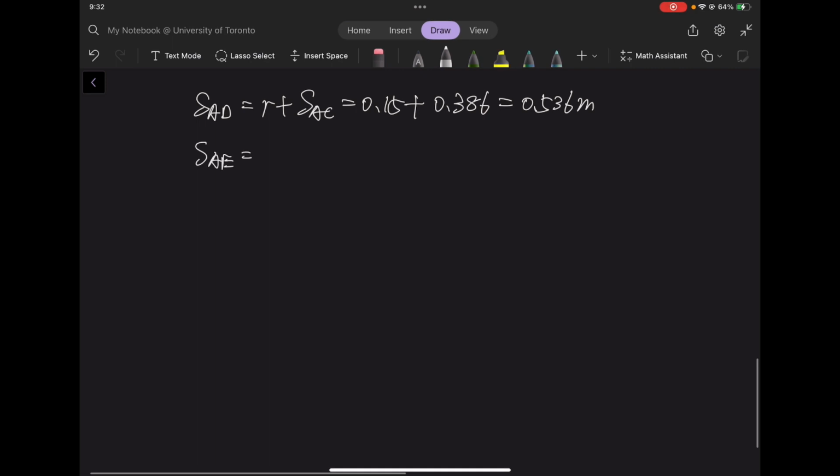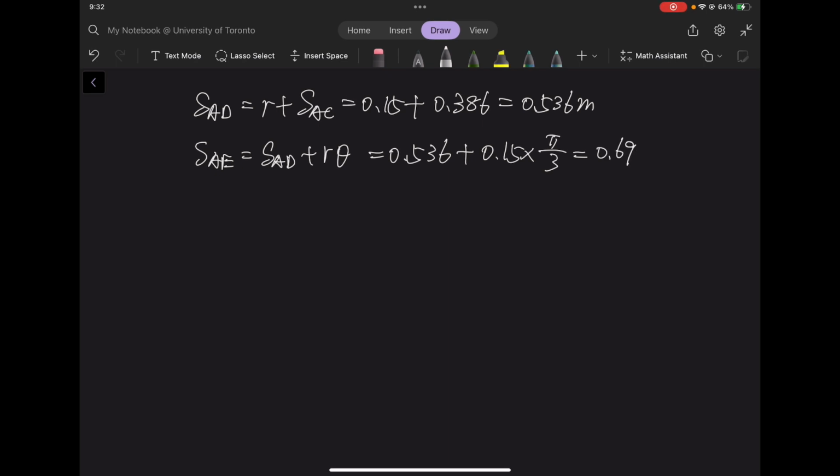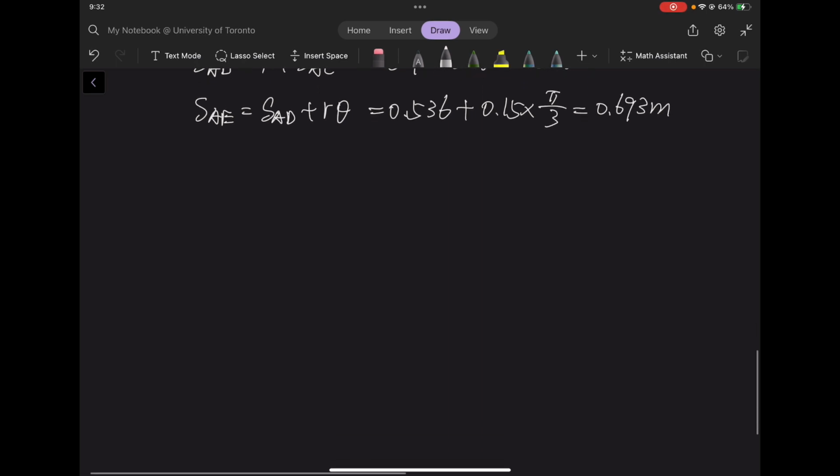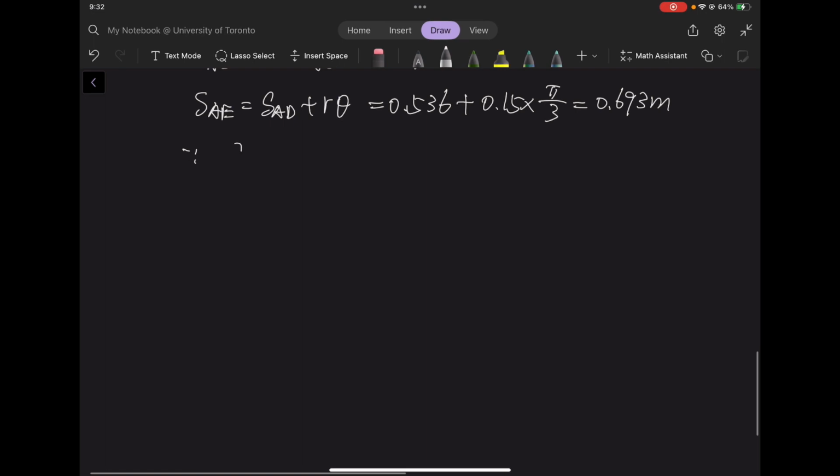SAE is equal to SAD plus R theta, which is 0.536 plus 0.15 times pi over 3, equal to 0.693 meter. Because S2 is larger than SAD and smaller than SAE, we could say the ball is in the second curve.